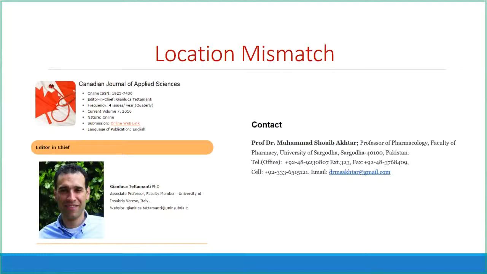So again, you could go through and Google the editors, see if they're listed anywhere but the journal website, because there are definitely predatory journals that are known to just scrape authors or editors from different locations without informing them that they're now editors of a fake journal.